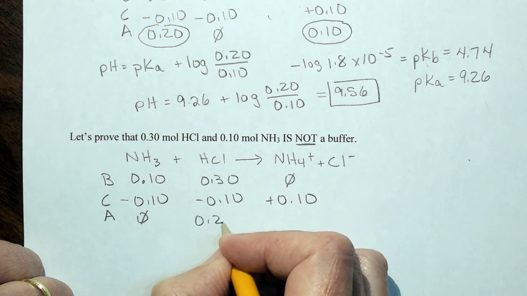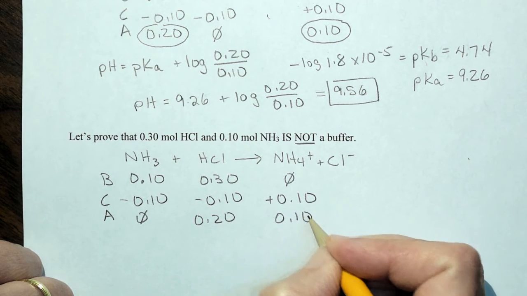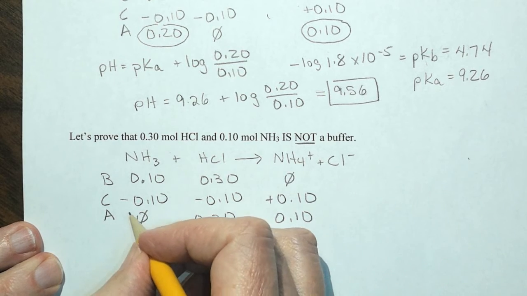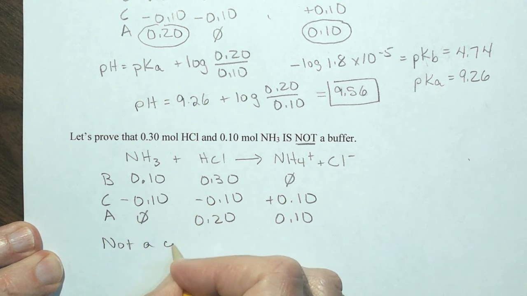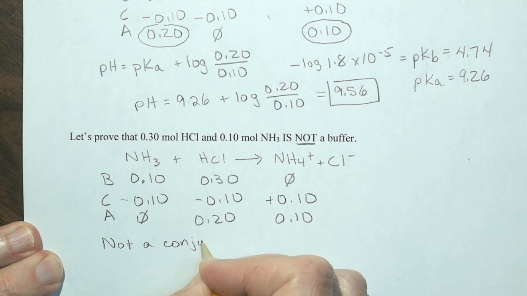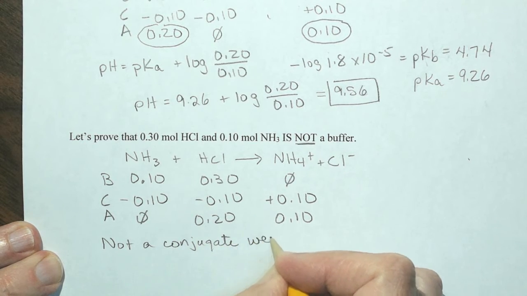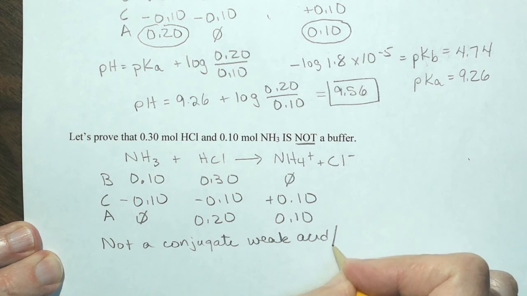We have 0.20 moles of HCl and 0.10 moles of the ammonium ion. So when we look, it is not a conjugate weak acid-base pair.